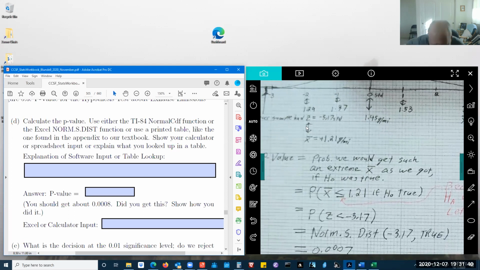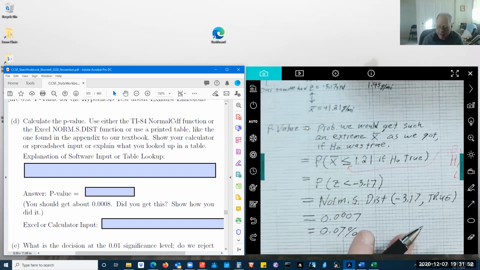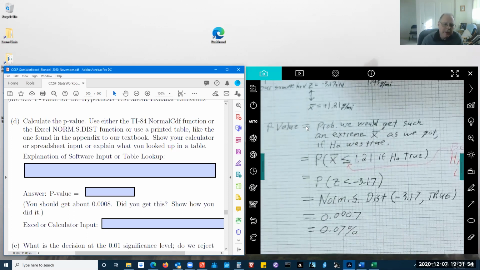Now, so you say to the EPA, I got a sample mean smaller than your 1.45, and they say you just got lucky. And you say, well, if you're right about your hypothesis, I must have got pretty darn lucky. Here's the probability I would have got so lucky if you were right. So I don't think it happened.